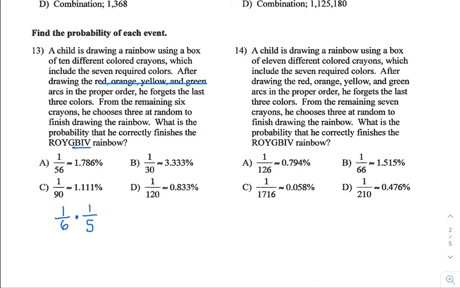After you picked out a blue, there's only 5 left. And then you need violet. The probability of picking out violet is 1 out of 4, because you already picked out the blue one and the indigo one. Multiply all this together, and you should have gotten 1 out of 120, which is D, 0.833%.